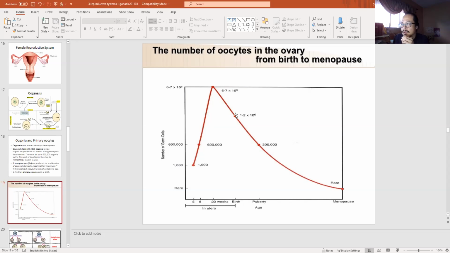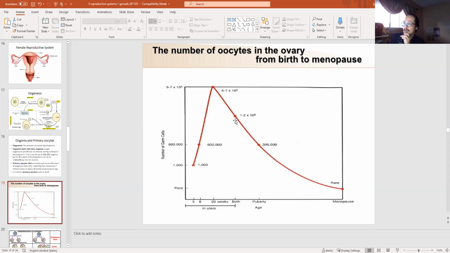We don't need that much. So the body will only keep those that can survive in the environment. The number will reduce, and after birth each female has about 1 to 2 million primary oocytes.